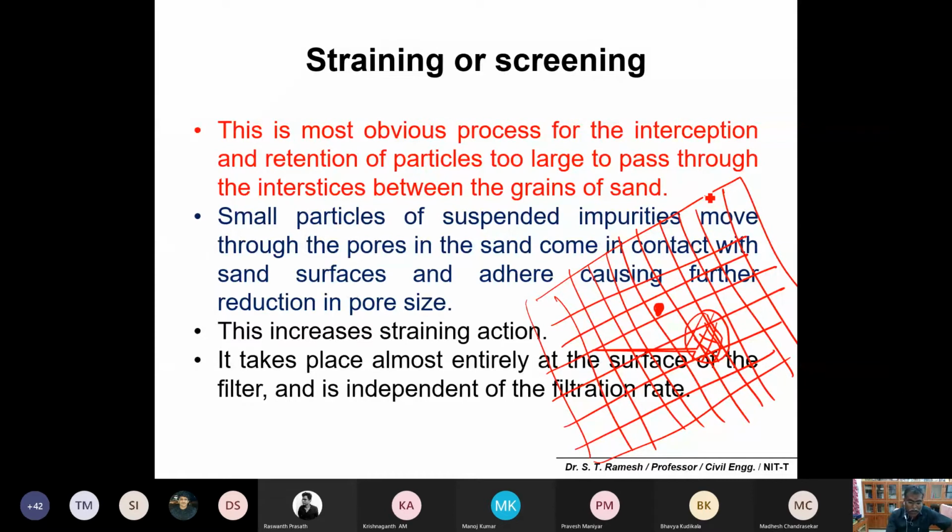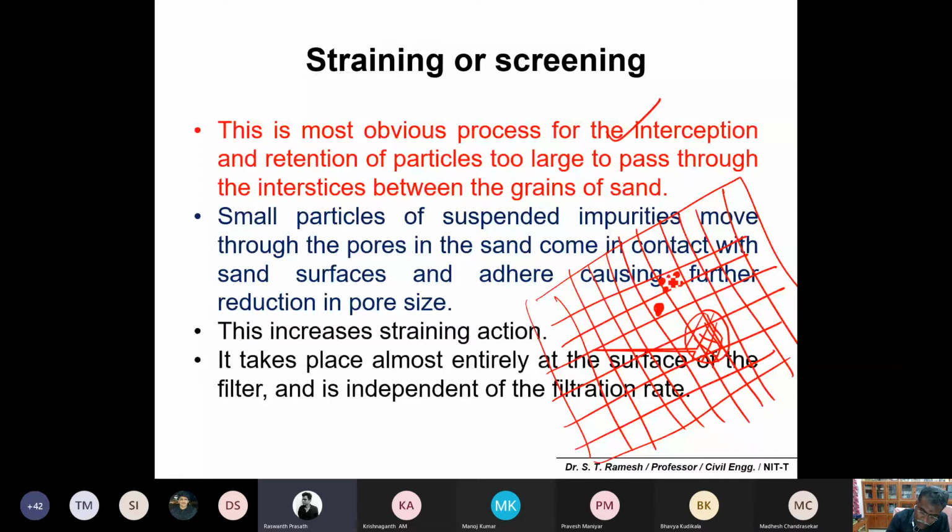Okay, so please make a note. It's very simple. The top layer of the sand will act as a micro strainer, and in the micro strainer, the particles or flocs are getting trapped. That is number 1. Number 2, if the smaller particles get trapped somewhere here and there, what will happen?